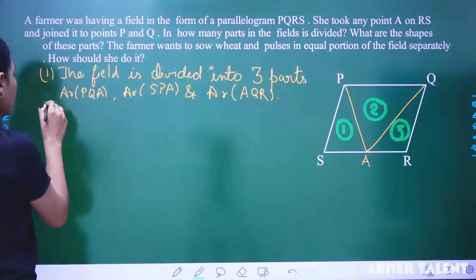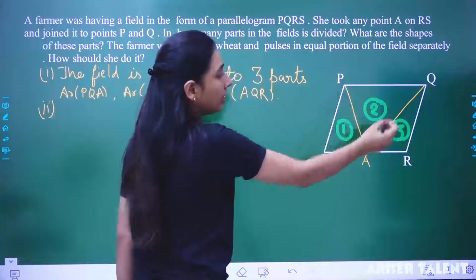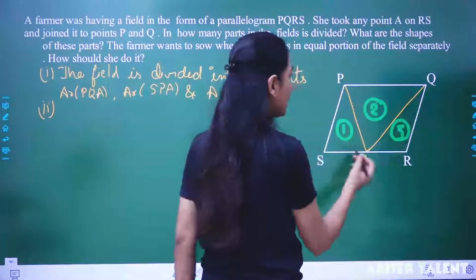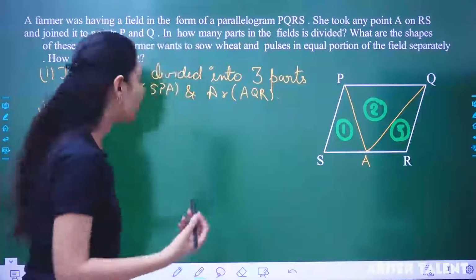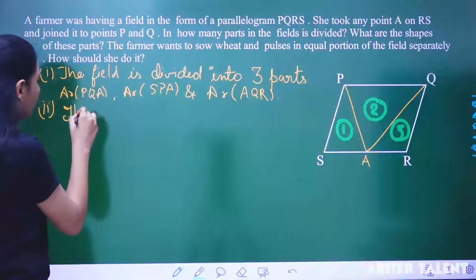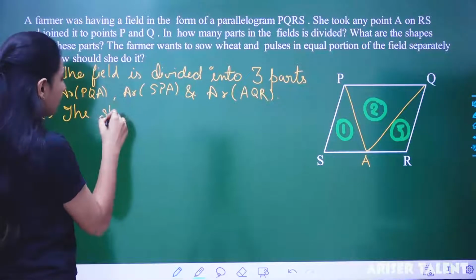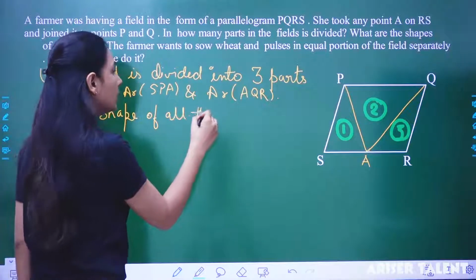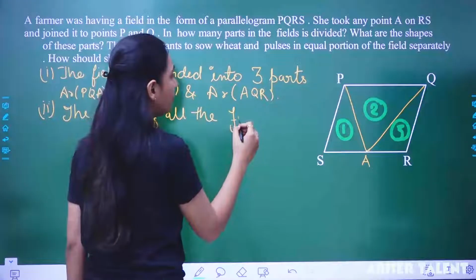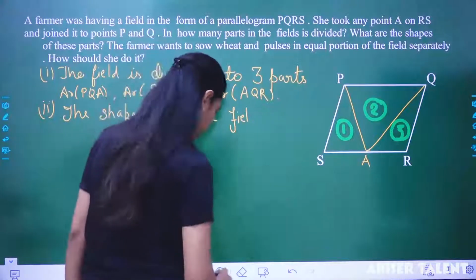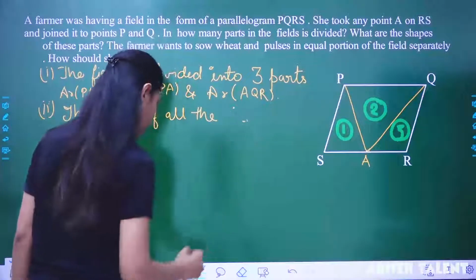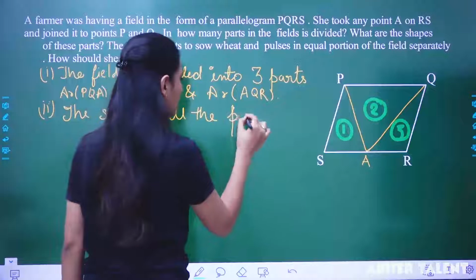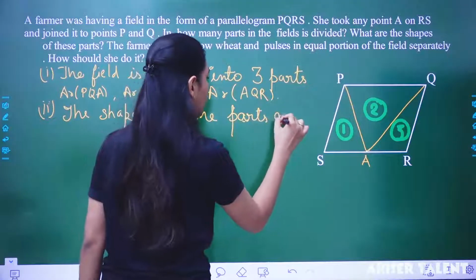Look here. This is clearly a triangle. This is also clearly a triangle. The shape of all the parts is triangle.